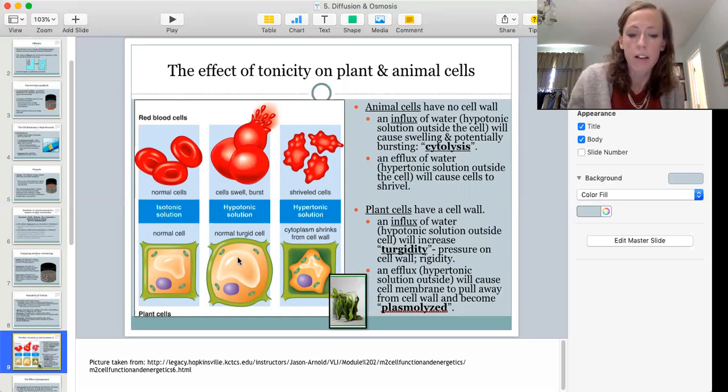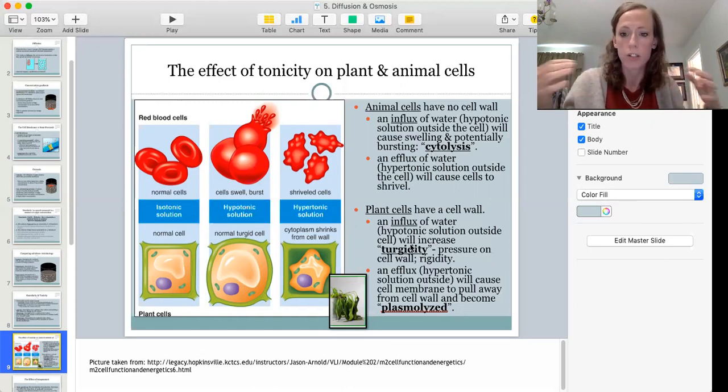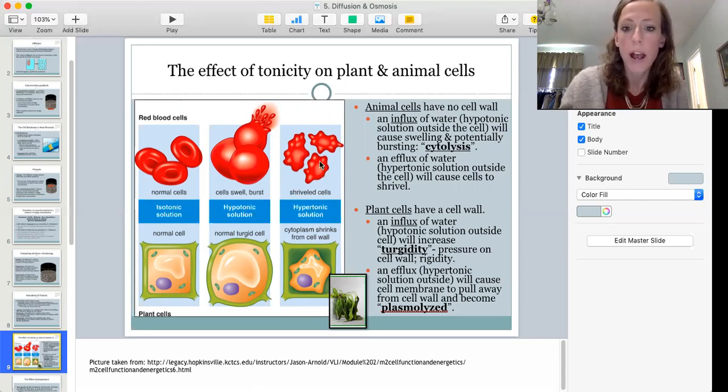In a plant cell, it just pushes that cell membrane up against the cell wall, and this we refer to as turgidity, a pressure or a rigidity placed on that cell wall because of the swelling due to increase in volume, okay?